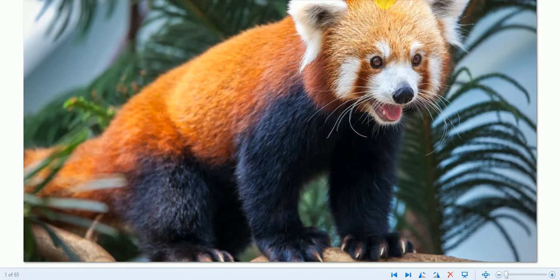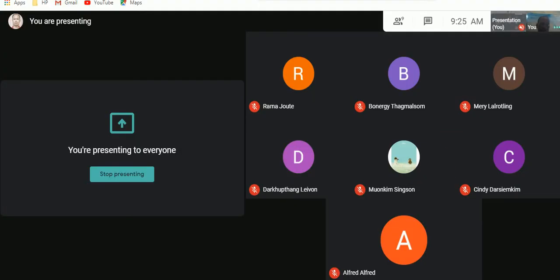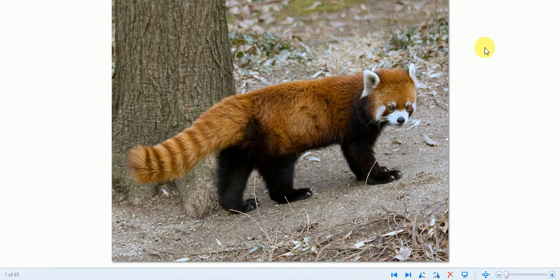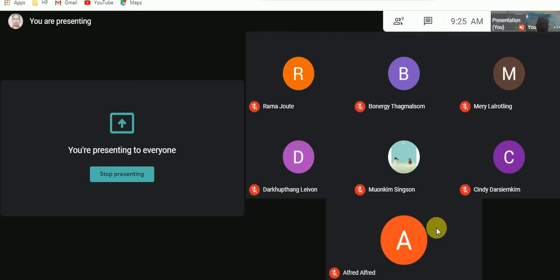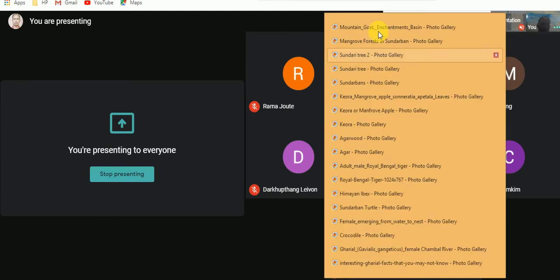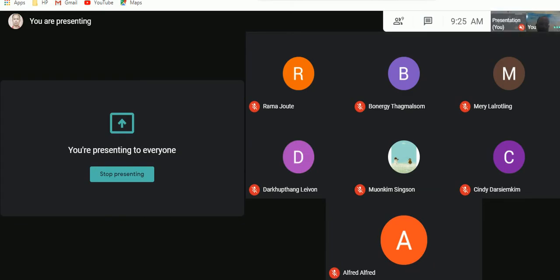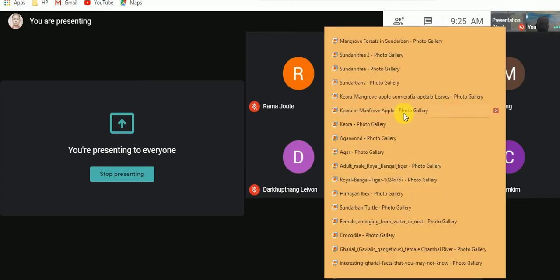And this is a photograph showing red panda, a very rare species. Here we have one more photo, another photo showing rare red panda. So this is a photograph showing mountain goat.